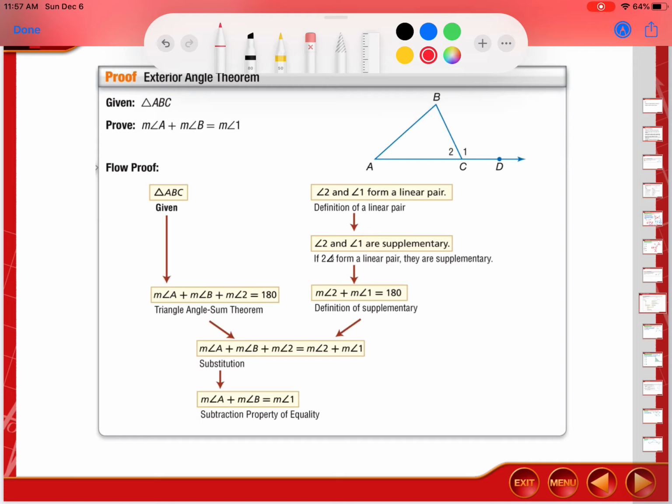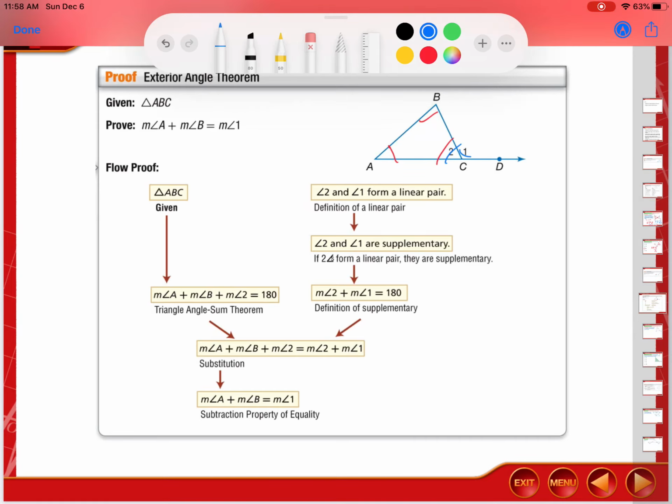We can walk through it, but I don't think it serves much of a purpose. So this starts off, says, triangle ABC is given. All their angles add up to equal 180 degrees. Delightful. They say 1 and 2 form a linear pair, which is true. Then they say 2 and 1 are supplementary, which seems a little bit extensive since they are a linear pair. So angle 1 and 2 also equal 180 degrees.